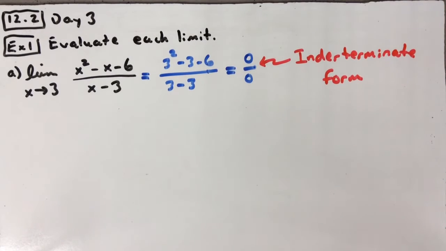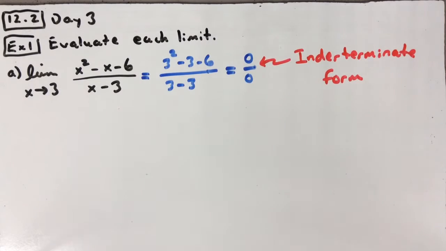In indeterminate form, what that means is we have tried direct substitution, we've tried evaluating it the way that it is, and it does not work. So we need another method. We can't use direct substitution on this problem.